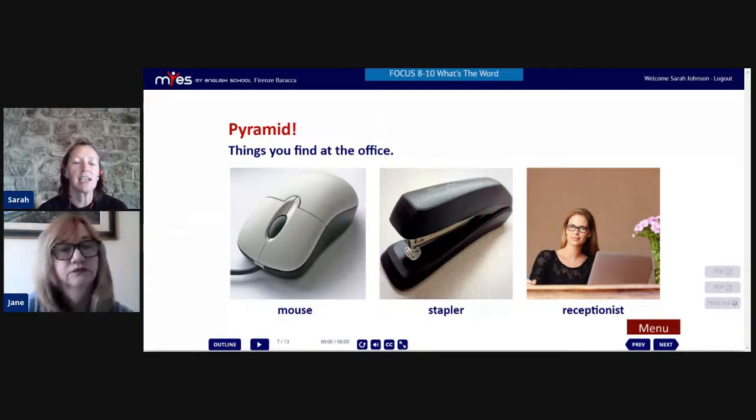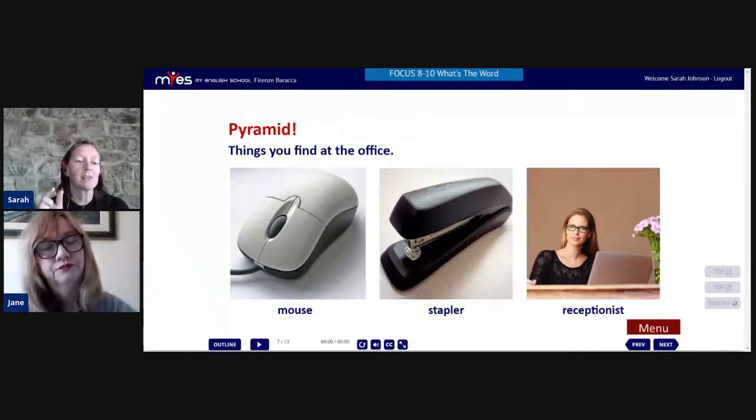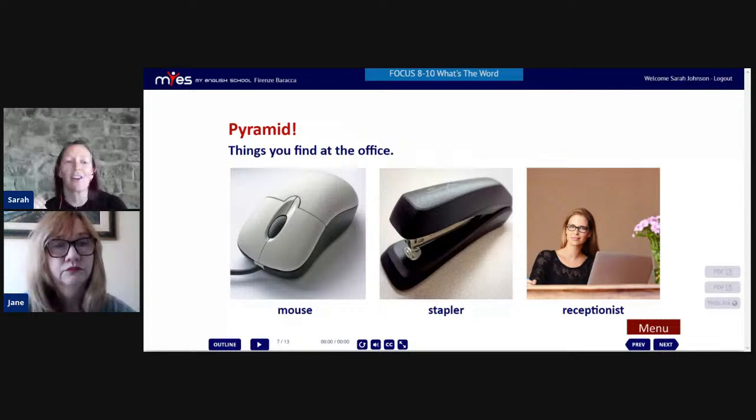But this thing is actually used in the office to join two pieces of paper together using a metal object that has a name similar to the object that I'm describing, and at the action of doing it, the metal becomes bent, so it joins them together.